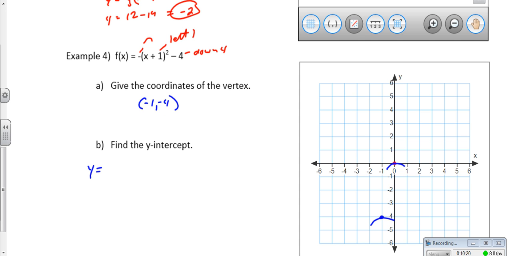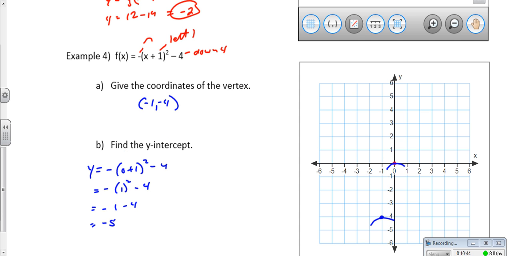What's the y-intercept? Well, we plug in 0 for x, so it's -(0 plus 1) squared minus 4. 1 squared is 1. This negative is still sitting there. And we get -5. That is the y-intercept.